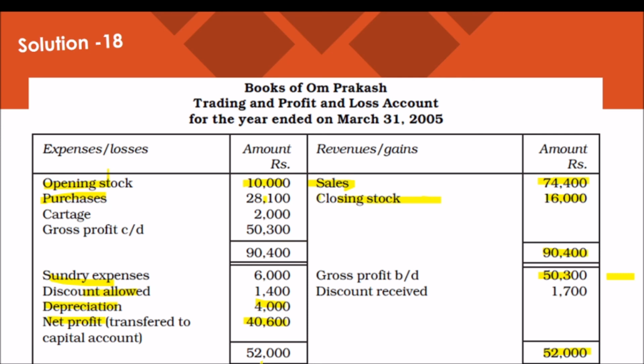Now we have prepared the income statement under the double entry system by converting the single entry into double entry. So we have to finish this question by preparing the balance sheet.